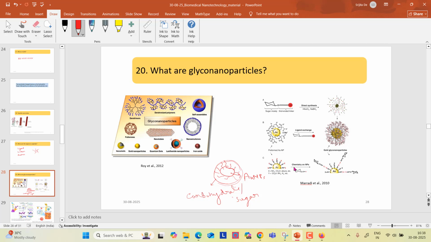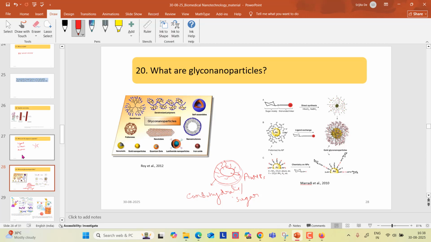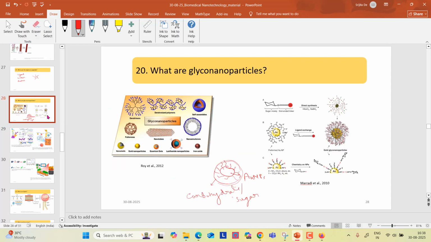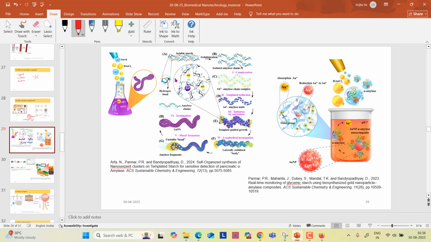Next, here in our lab, seniors have formed gold nanoparticles using some kind of enzyme. I have shown this work last week also. Using the starch enzyme, they have formed gold nanoparticles.